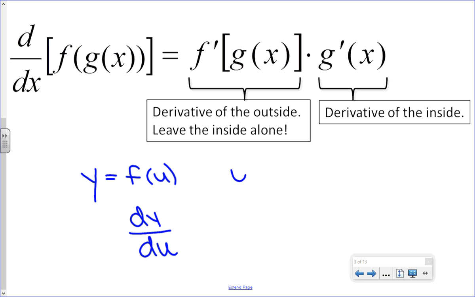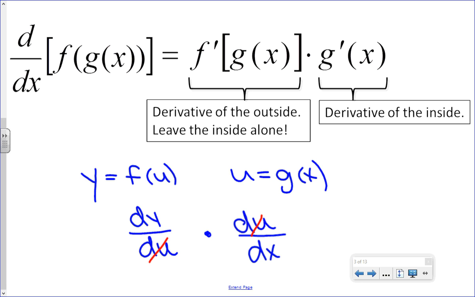Well, if u is some function in terms of x, then when we take its derivative, we get the derivative of u with respect to x. Well, what happens when you multiply those two together? You get dy dx. Okay? So we're taking the derivative of f, but keeping that u inside, and then we're taking the derivative of that inside function. Okay?